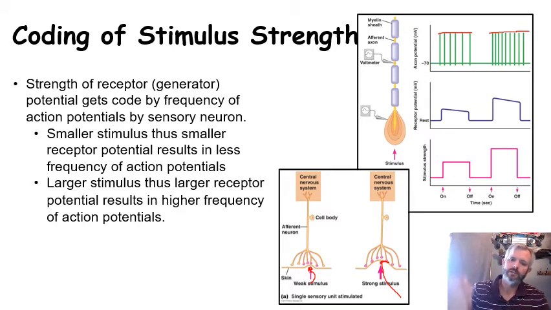So a larger stimulus results in higher frequency signals sent to the brain, and those integrating areas of the brain say, hey, I'm getting this low frequency, I'm getting high frequency. Your brain can put an interpretation to that frequency of signal, and that's how you get the perception: it's just a small amount of touch versus a very strong amount of touch.